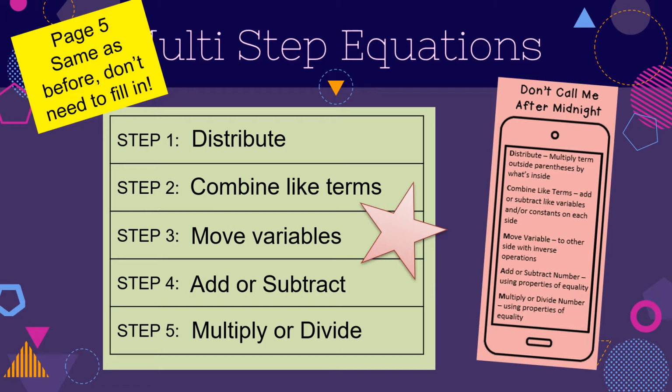Your cell phone acronym of Don't Call Me After Midnight also has these 5 steps. Now, what's different today is where I have the star. Today we're going to also move variables from one side of the equation to the other. So on page 5, I don't think you need to fill in the 3 steps since we already wrote them down.